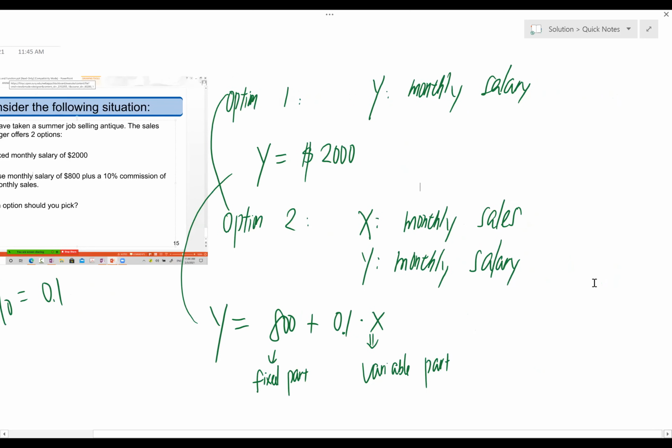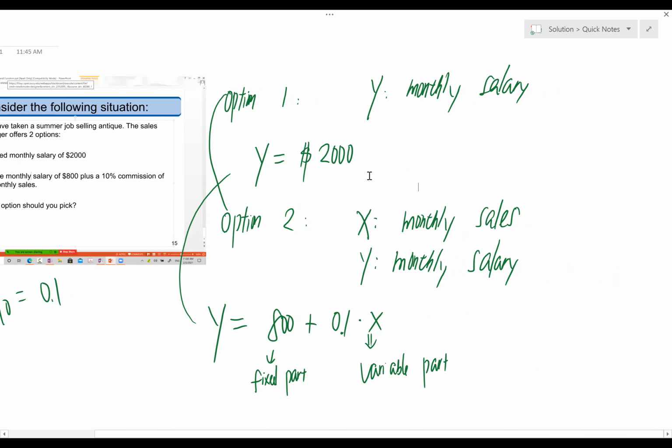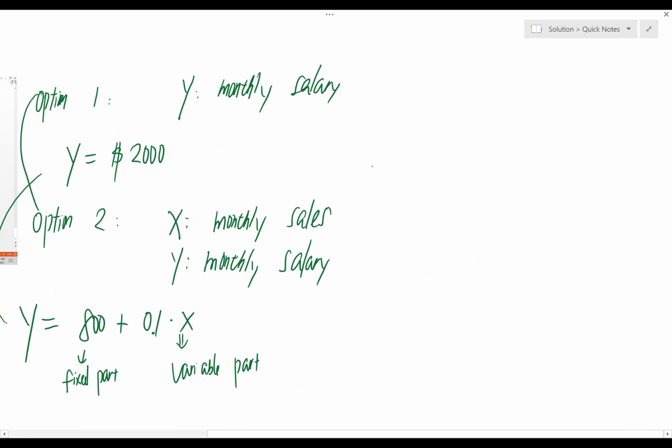So you see we have the equation here, right? What if 800 plus 0.1x equals 2,000? That means those two options provide the same outcome, the same monthly salary of $2,000. Based on that, we can figure out the monthly sales needed to generate that. So for option 1 to equal option 2, this has to happen.